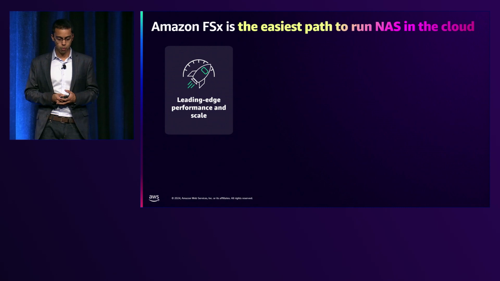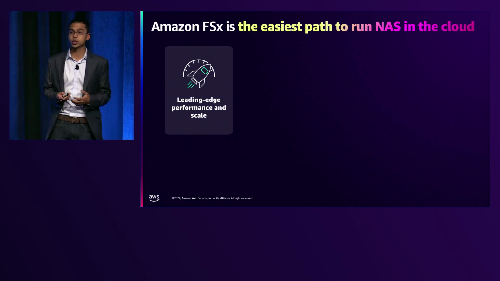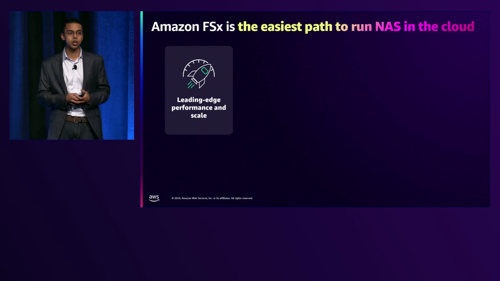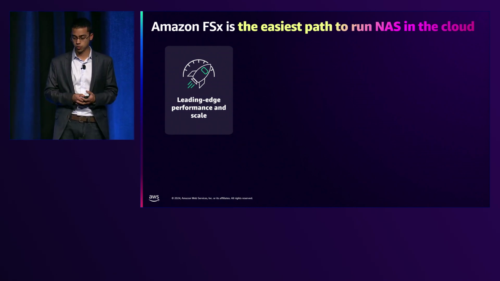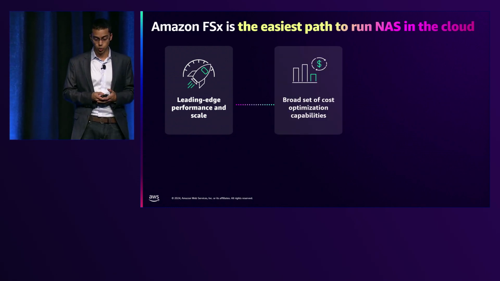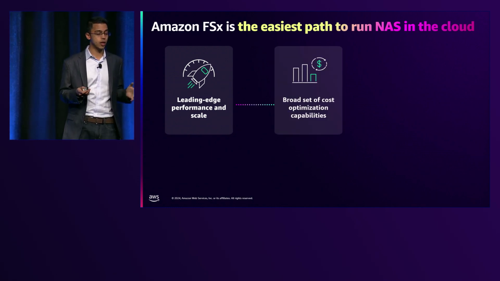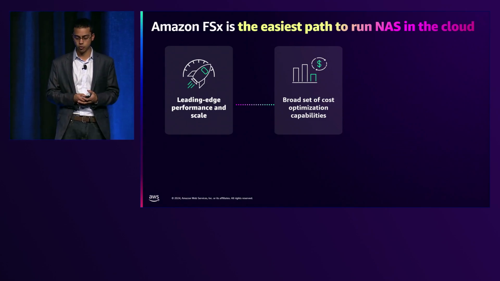So we talked today a little bit about Amazon FSx. We talked about some of the challenges that network-attached storage customers face and the benefits that Amazon FSx provides. We talked about performance and performance scalability. We talked about cost optimization and the broad set of cost optimization capabilities that Amazon FSx offers.